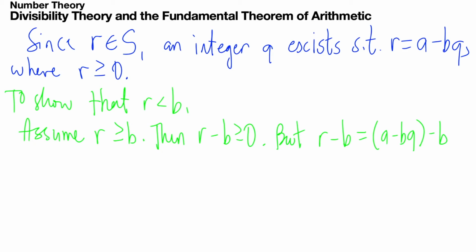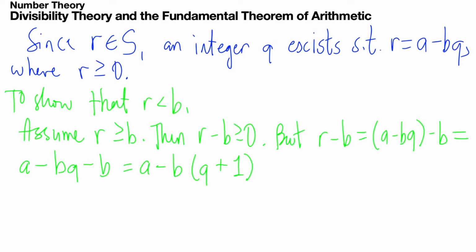Factoring out B, we have A minus B times the quantity Q plus 1.